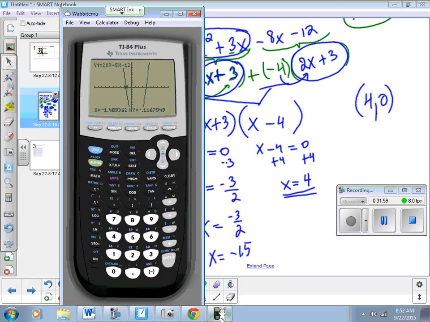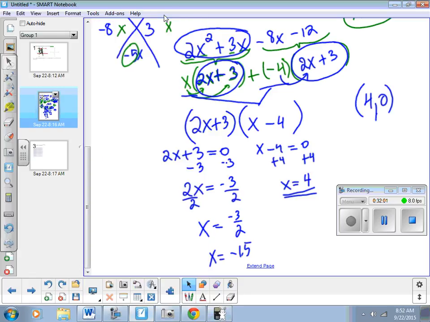So what we just did is we found the x-intercepts one way right now. You notice when we used the graphing calculator, it only gave us one of them exactly. Right now we just got both of the x-intercepts, at negative 1.5 on the x-axis and at positive 4 on the x-axis.